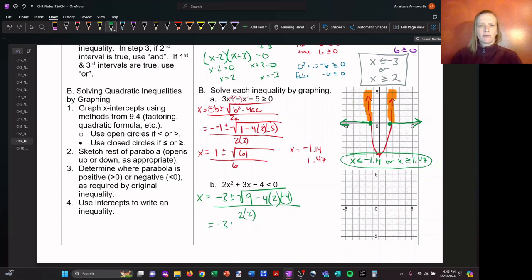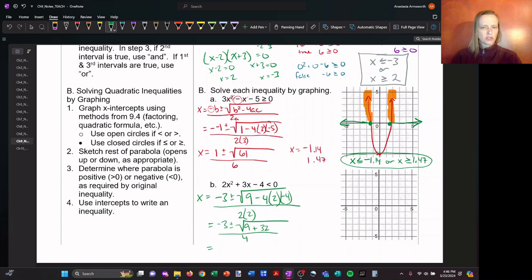So solving for this, I've got negative 3 plus or minus the square root of, let's see, 9. Negative 4 times negative 4 is positive 16, times 2 is 32. So I'm going to add 32 onto there, divided by 4.